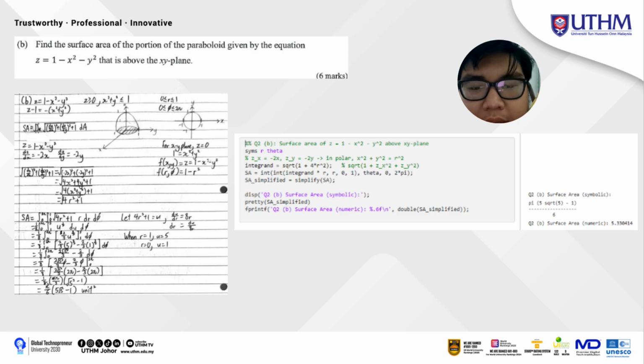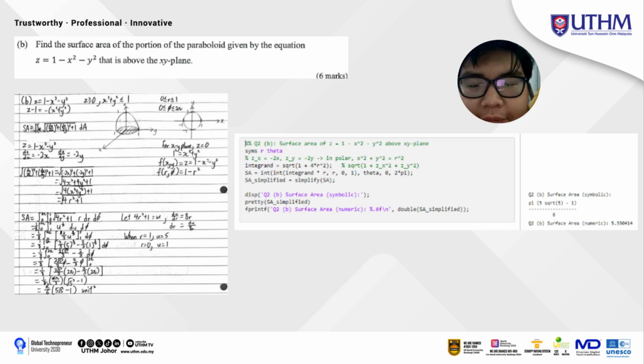First we use the formula: surface area equals the double integral of the square root of (dz over dx) squared plus (dz over dy) squared plus 1 dA. For the dA, we need to depend on the polar coordinates.